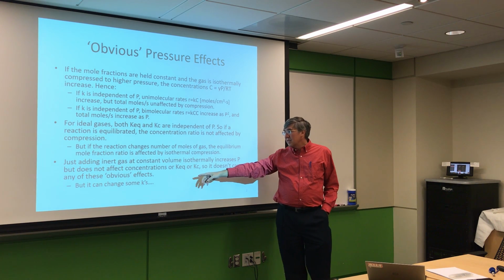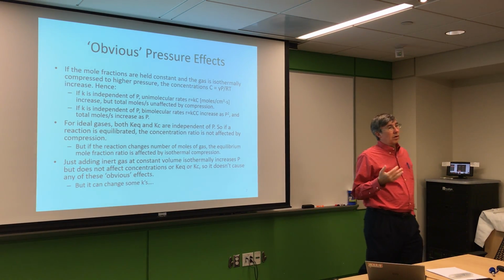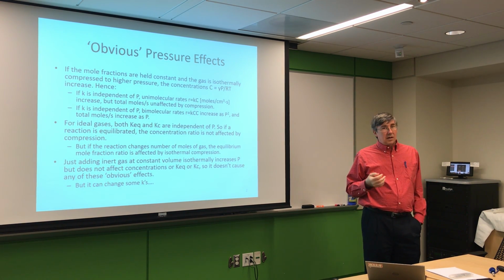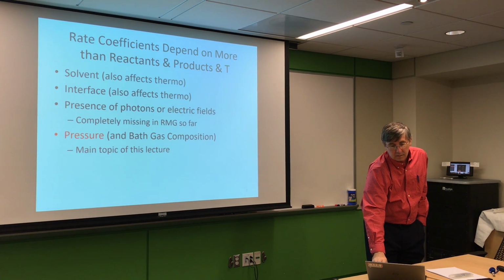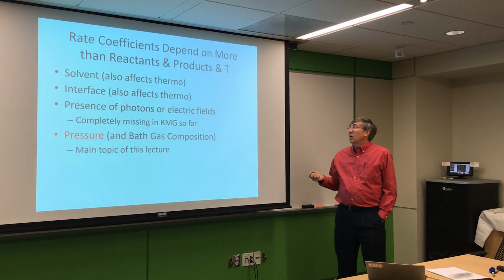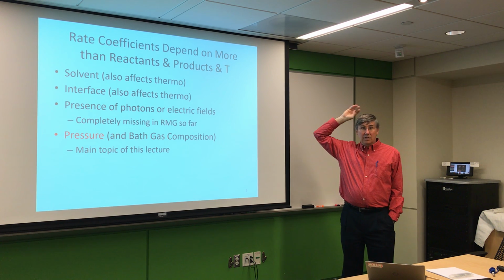But the subtle thing that you might not know much about is that adding extra helium or increasing the pressure does change the rate coefficients. And so that's what I'm mostly going to talk about today. It's just a thing to keep in mind that rate coefficients depend on more than just what the reactants and the products are and the temperature.